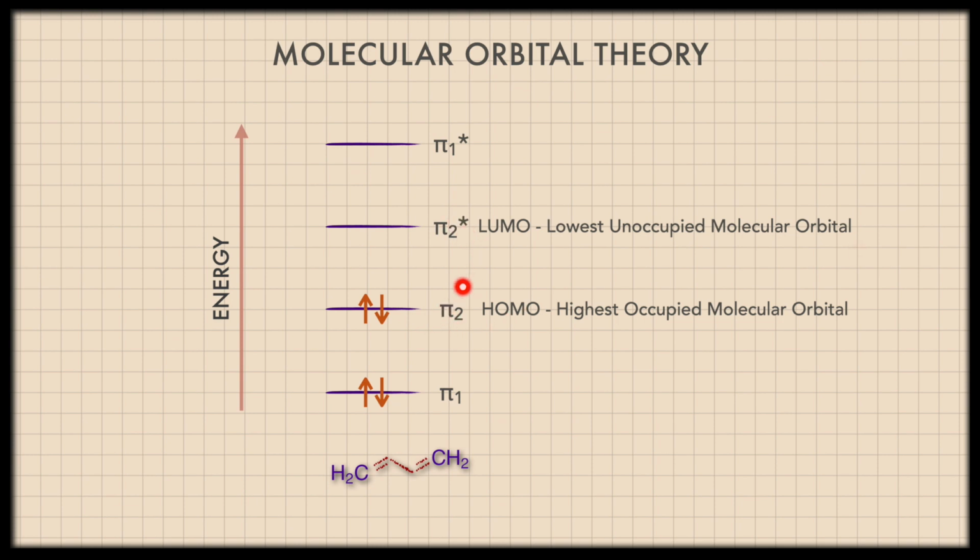It is because these two orbitals have the least difference in energy. So if the HOMO to LUMO energy difference is low, the molecule will absorb at longer wavelength, but if the difference is high, the molecule will absorb at shorter wavelength.